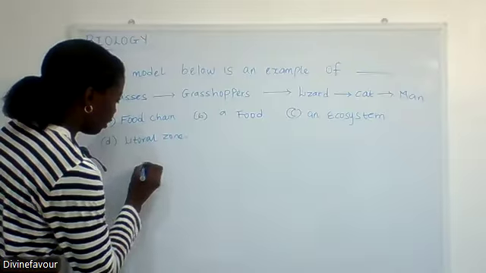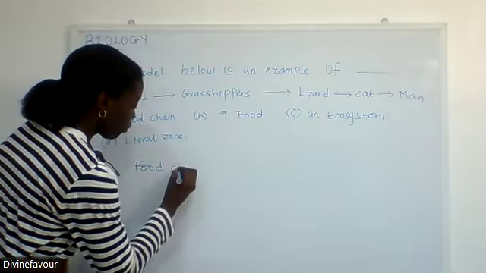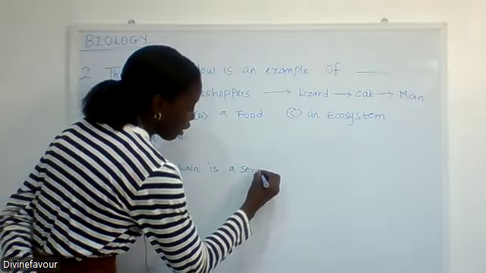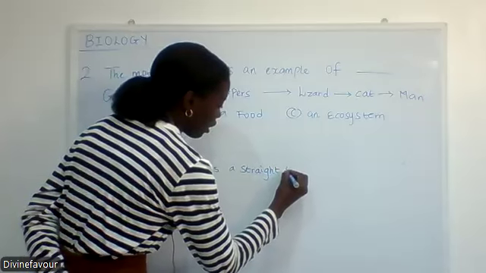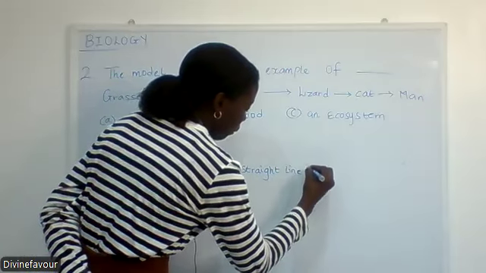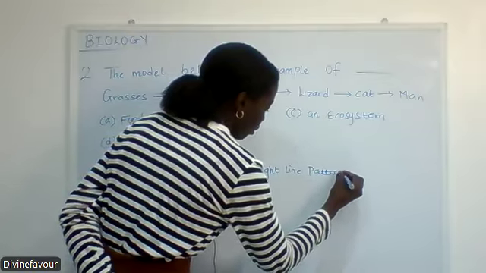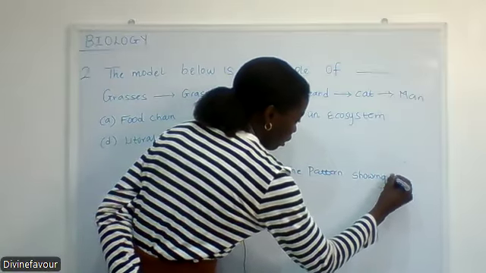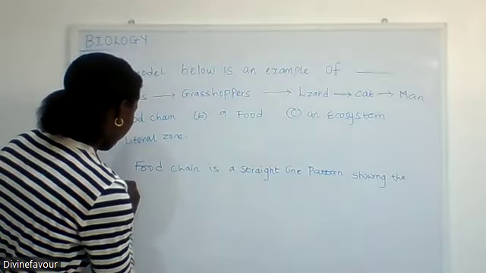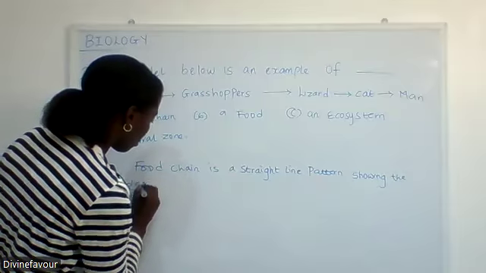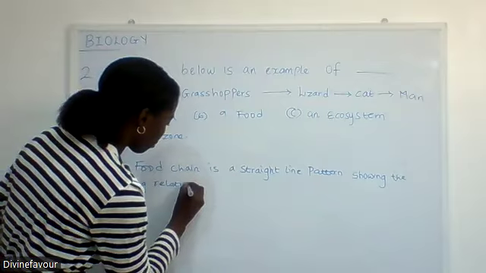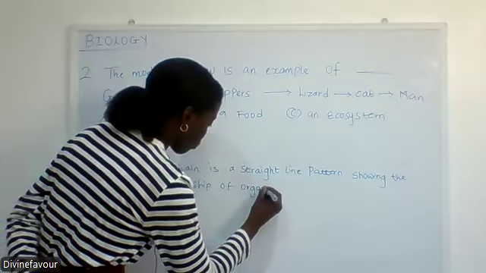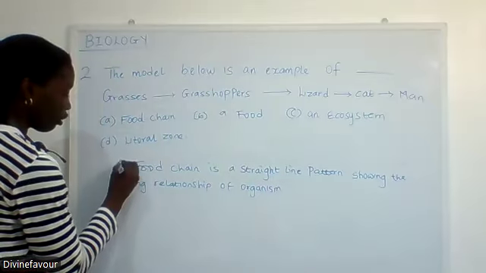A food chain is a straight line pattern showing the feeding relationship of organisms. Simple definition for a food chain.